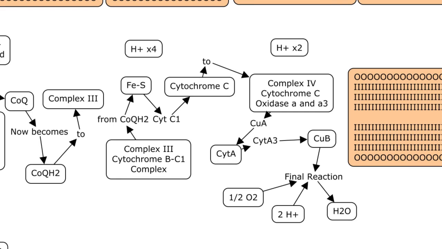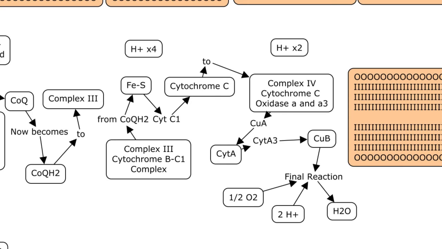Those H pluses don't have an electron, so an oxygen atom has 6, but it needs 8 to be happy, like a water molecule. So the 2 electrons being passed in from complex 4 can form a single bond from the oxygen to each of the hydrogens. So that gives us water. That's why O2 is the final electron acceptor of oxidative phosphorylation.